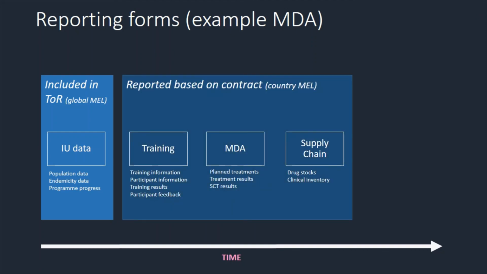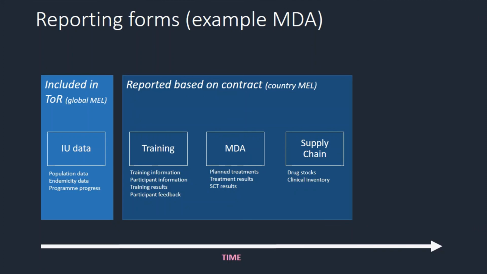So all these different data forms will be reported based on a contract. So if there's a contract which spans 5 IUs, there will be 1 training form nationally, but then there will be 5 MDA forms, 1 for each IU, as well as 5 supply chain forms, 1 for each IU. So these are reported back into the DHIS2 system by our country MEL staff, or where possible by partners, ministry or implementing partners.